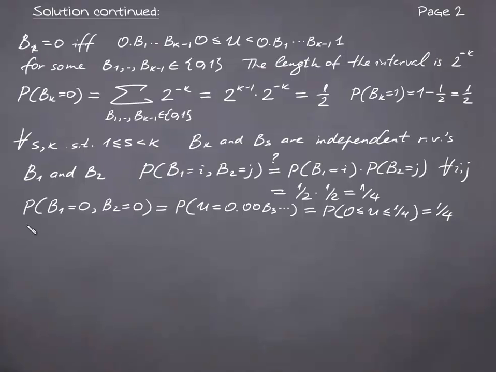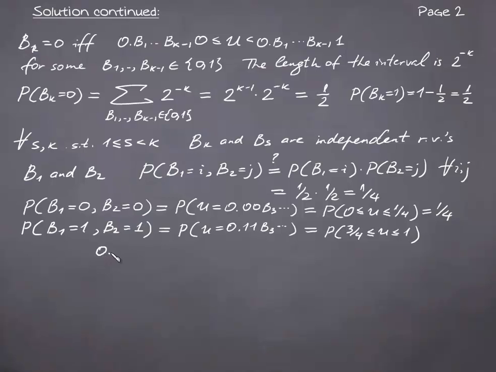Now let's see, we can find the probability for every other choice. For example, b1 is 1 and b2 is 1. This happens if and only if u is between 3 quarters and 1. By taking all digits to be 1, what do we obtain?